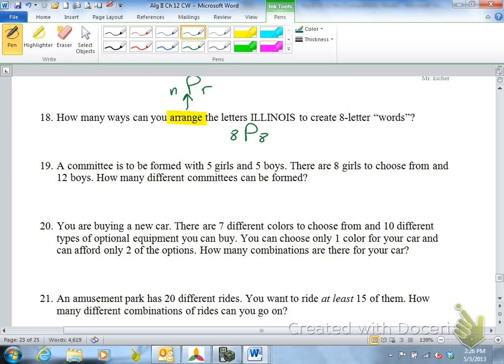8 letters. But you have to divide out repeating letters. So you have to divide out the 3 I's that repeat, so 3 factorial for the I. And then you have to divide out the 2 L's.